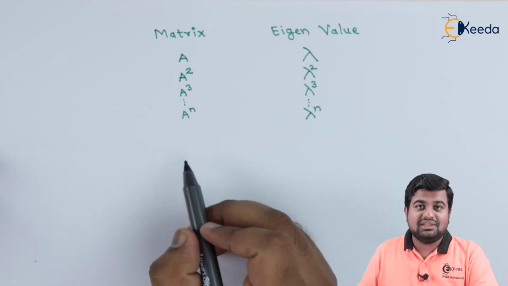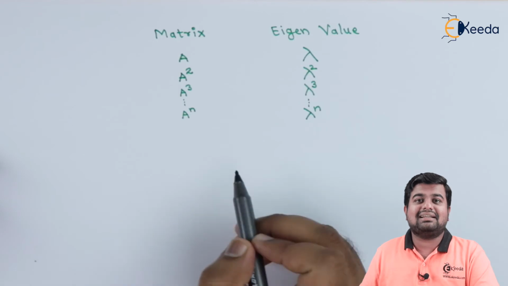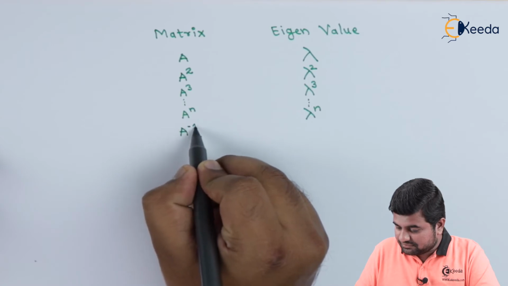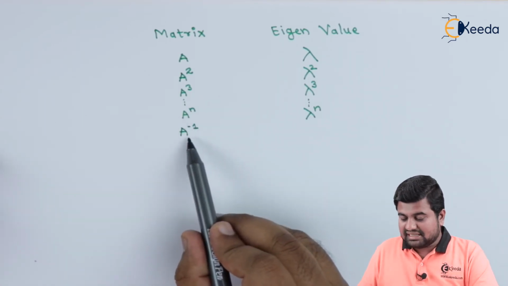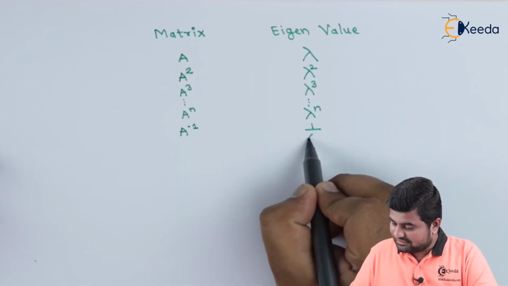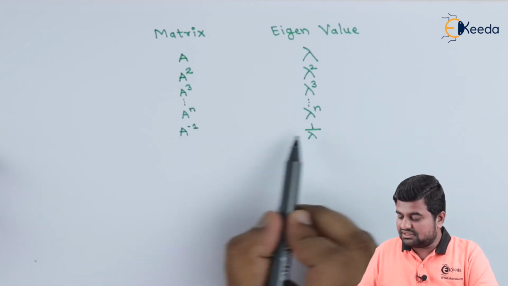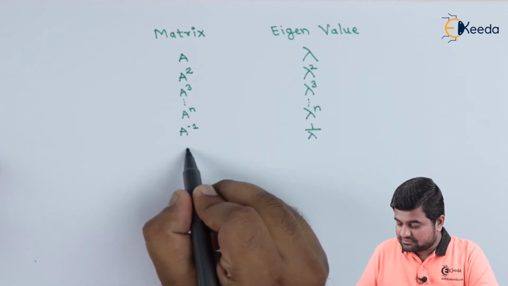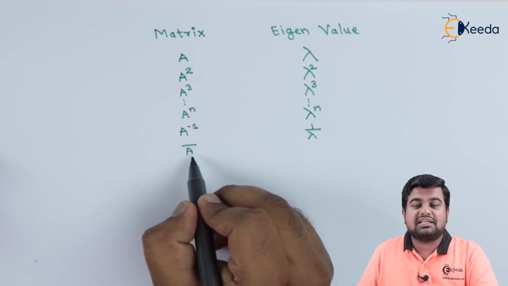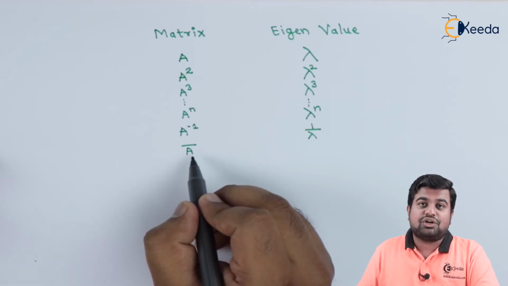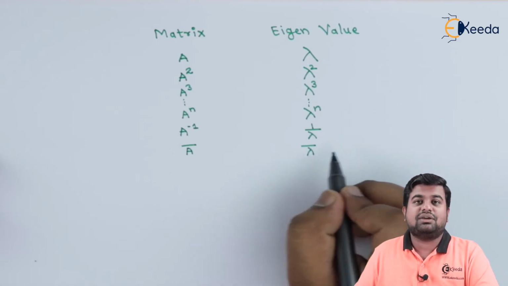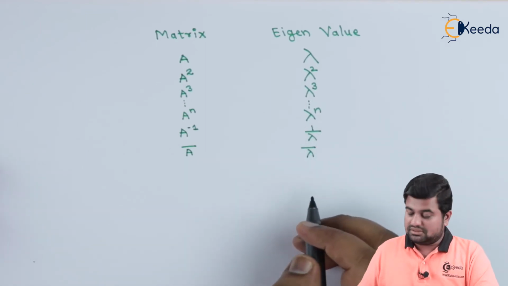So, in order to have the inverse, which is the reciprocal, the analogy between algebra and matrices, we can have A inverse over here. The eigenvalue of A inverse is nothing but 1 upon lambda, which is the reciprocal, because inverse and reciprocal are analogies of the same. Now we can have A bar, which is nothing but the conjugate of matrix A. We can have lambda bar, which is nothing but the conjugate value of the eigenvalue lambda.